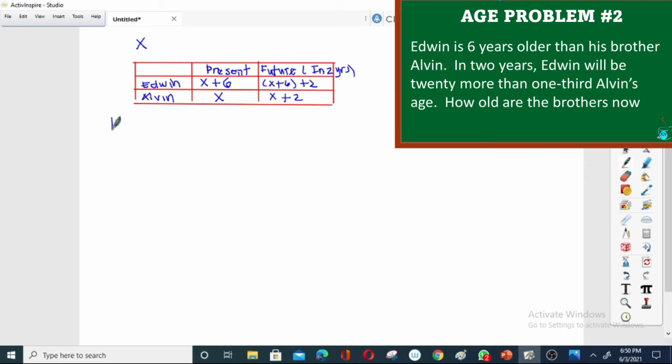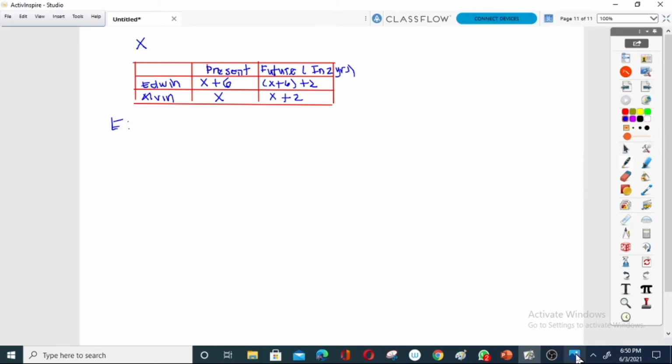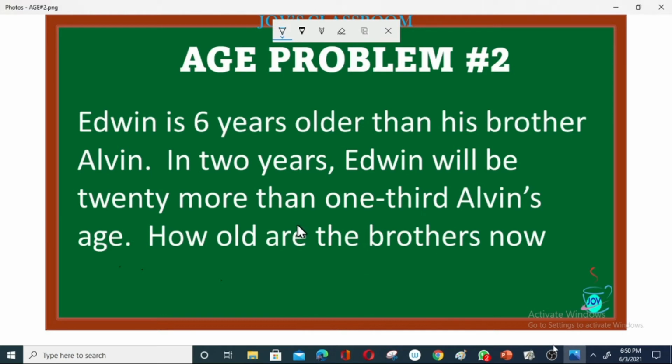Let us now derive the equation based on the given problem. So in 2 years, Edwin will be 20 more than one-third Alvin's age. So this is said, Edwin will be 20 more than, this is plus 2.